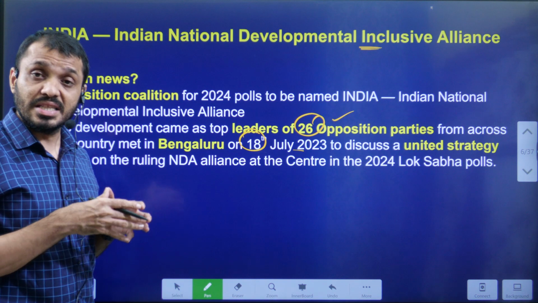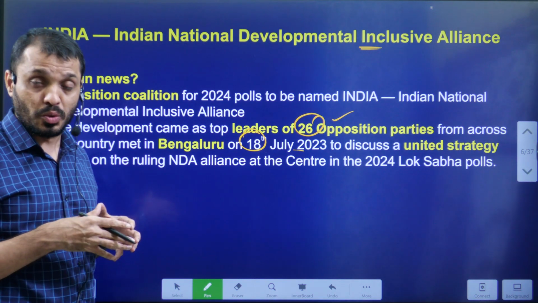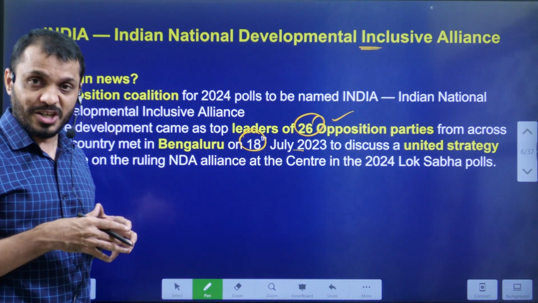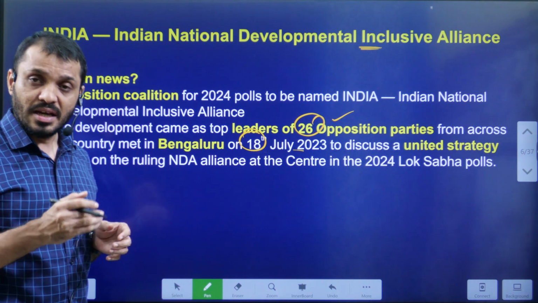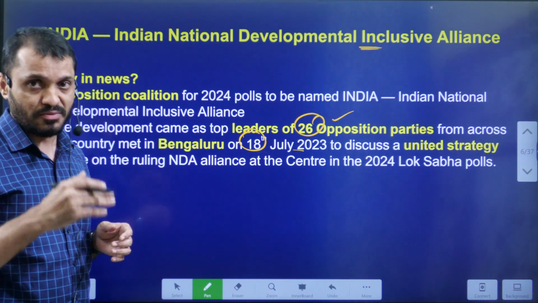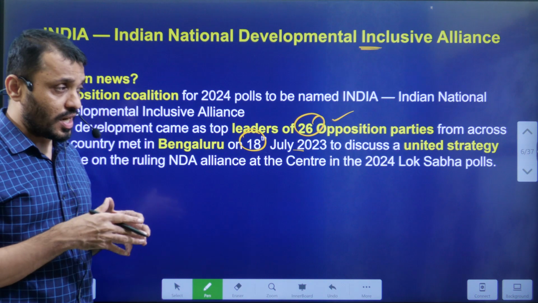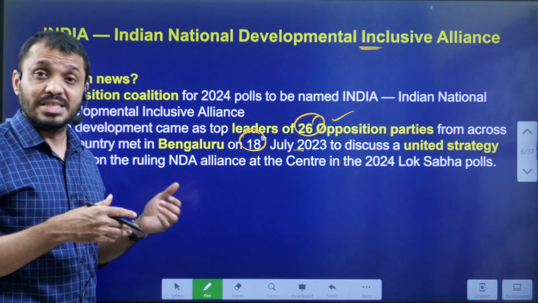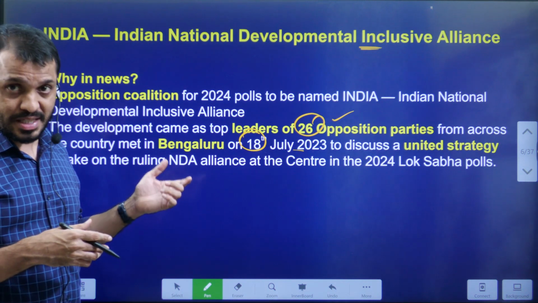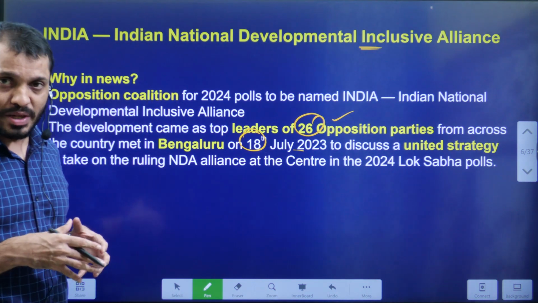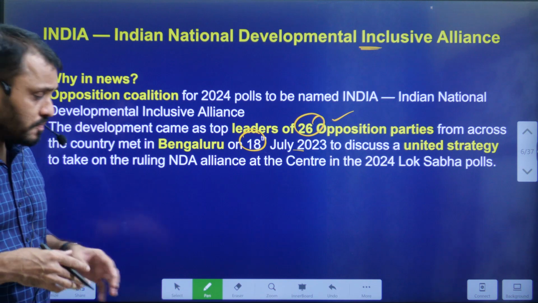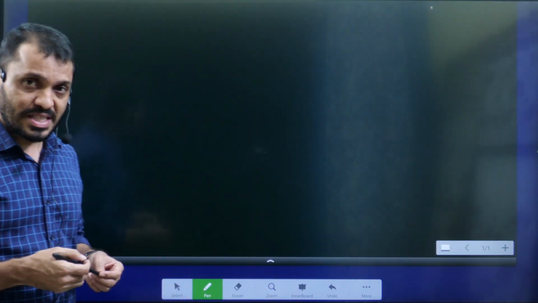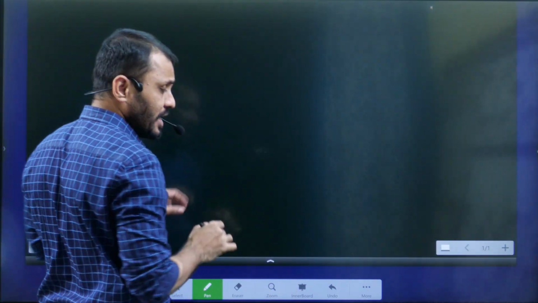Previously, this Congress-led coalition used to be known as UPA, UPA 1 from 2004 to 2009 and UPA 2 from 2009 to 2014. Some political parties were not there in UPA 1 and UPA 2. Now, they don't want this coalition to be named UPA 3, so they came up with this new name, that is INDIA.